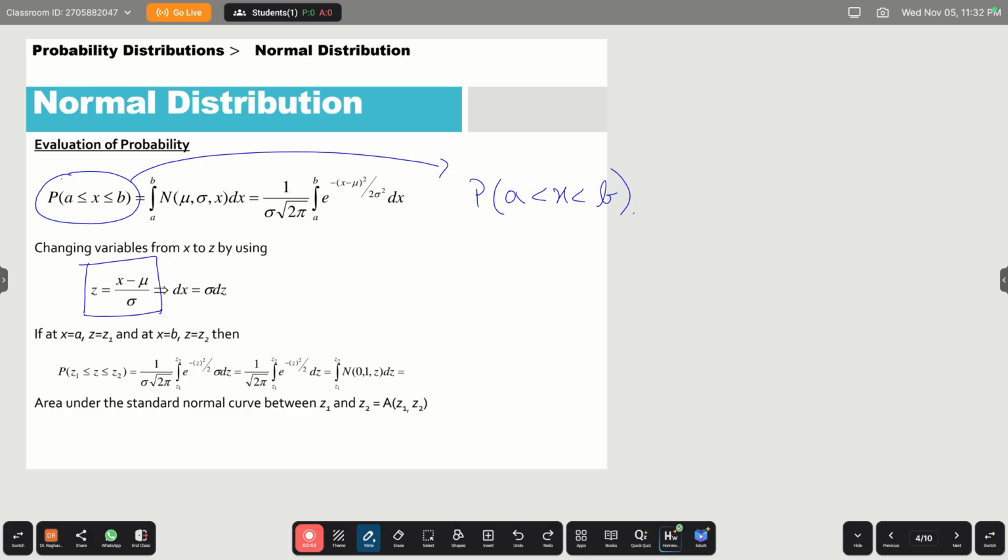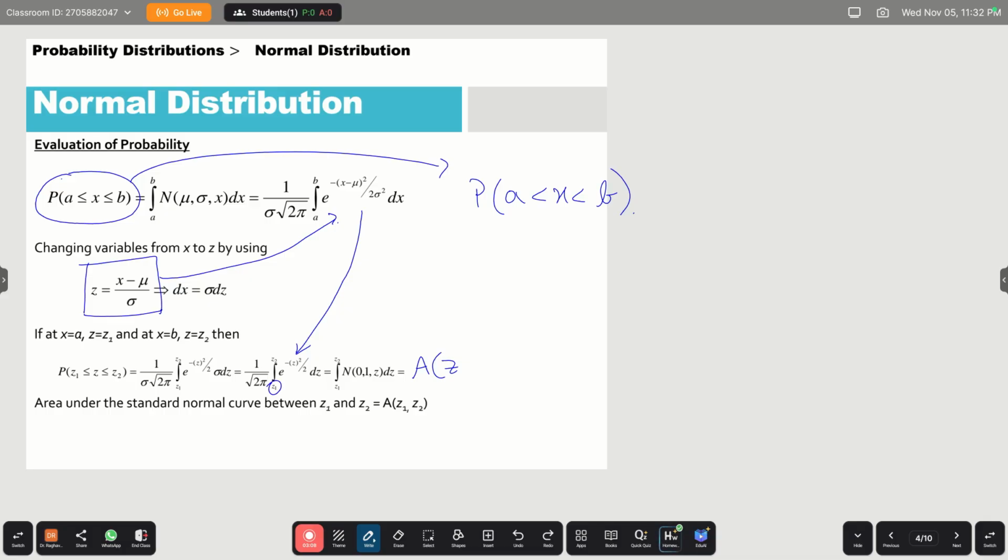To convert that, we make a substitution z equal to (x minus mu) divided by sigma in this integration. So once you make this substitution, it reduces to the standard normal distribution. So then our job reduces to find the area under the curve of standard normal distribution.